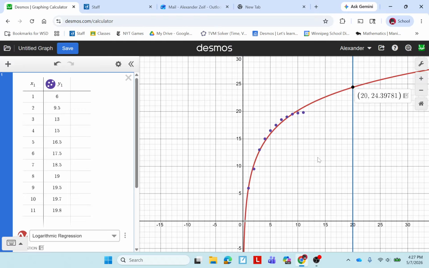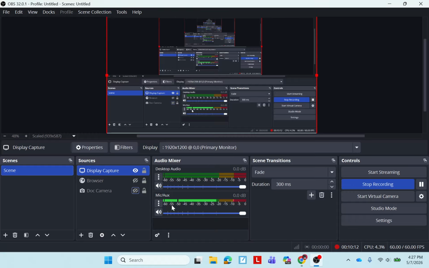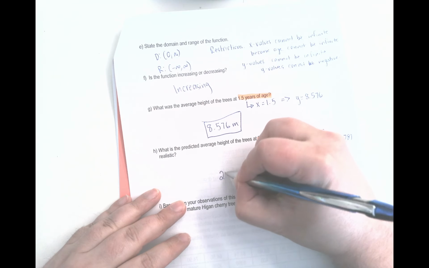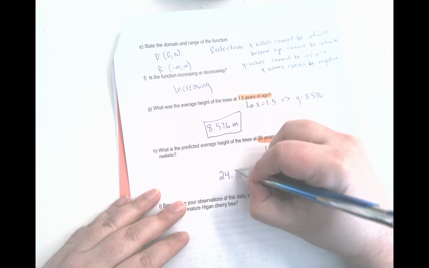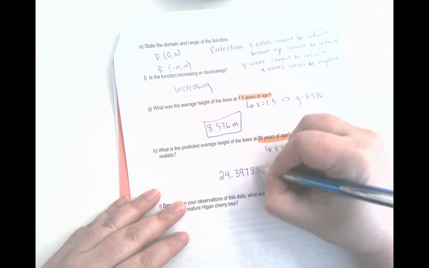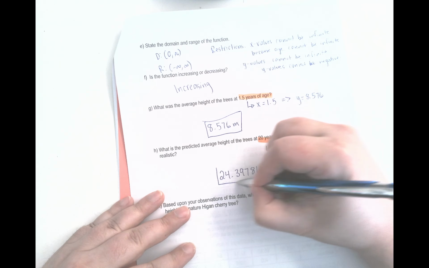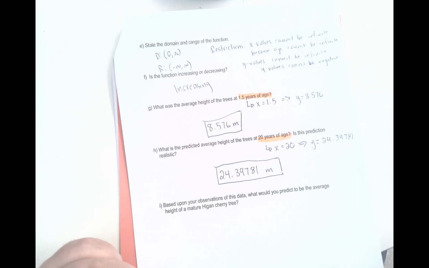So y is equal to 24.39781. So let's go ahead and flip back to our notes again. And again, we're talking about the height. So we could say 24.39781 meters. Again, you can round it to 2 decimal places, but just make sure that you are accurately rounding.